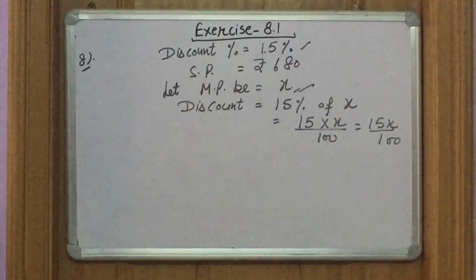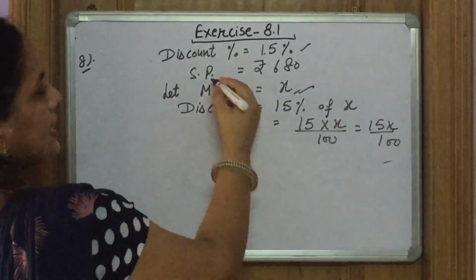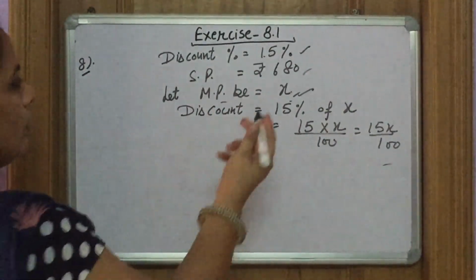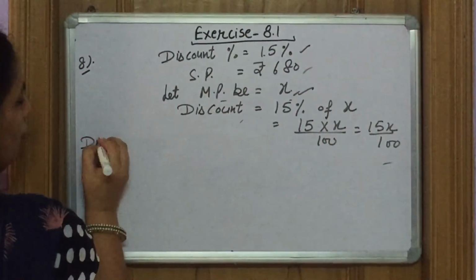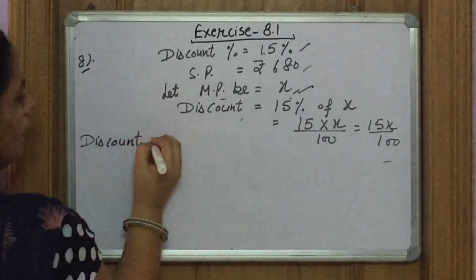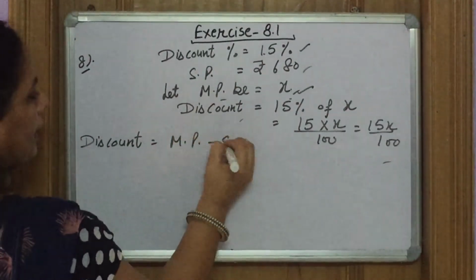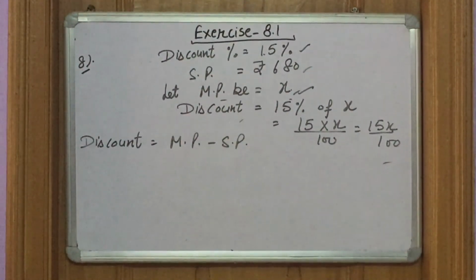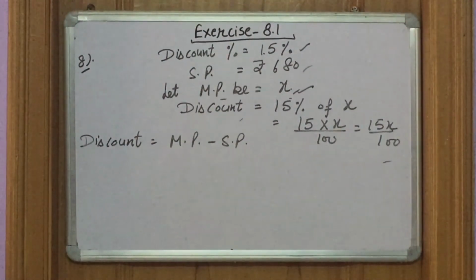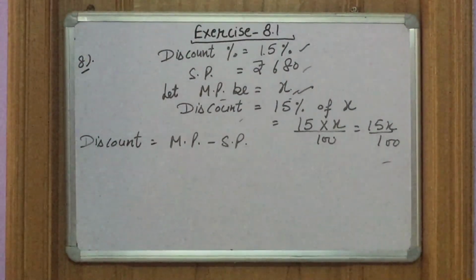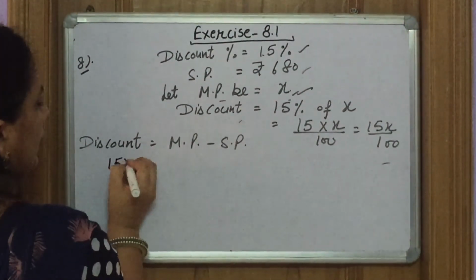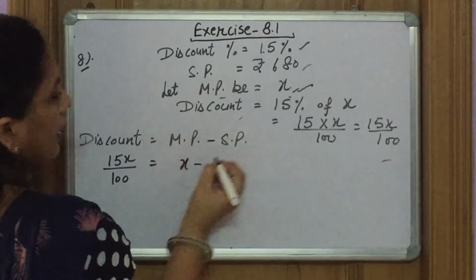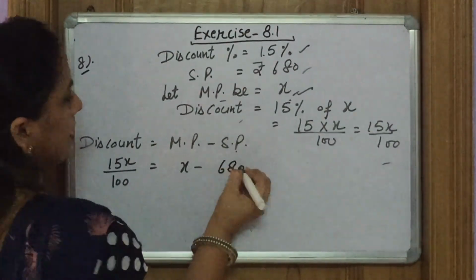Here we have the value of discount, selling price, and also we know marked price, which is equal to X. So we can apply here the formula of discount, which is equal to mark price minus selling price. Here we will put the values. Discount is 15X divided by 100. Mark price is X and selling price is 680.